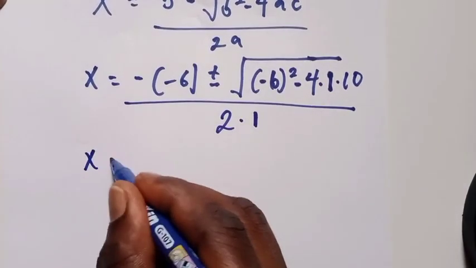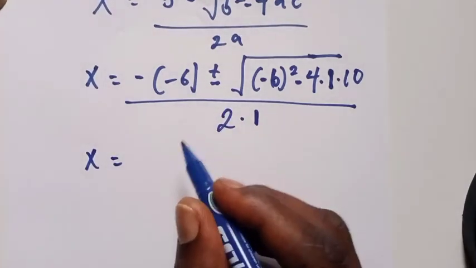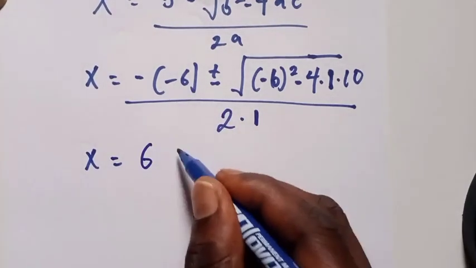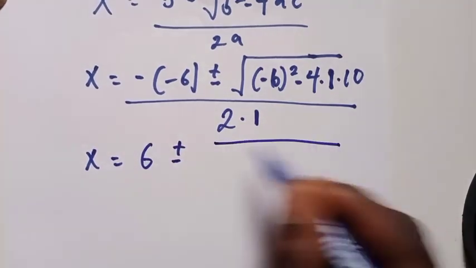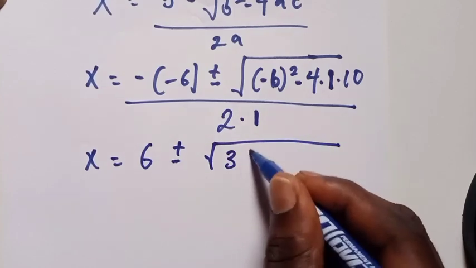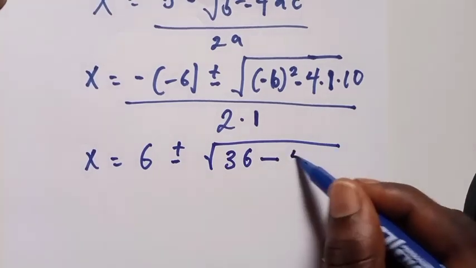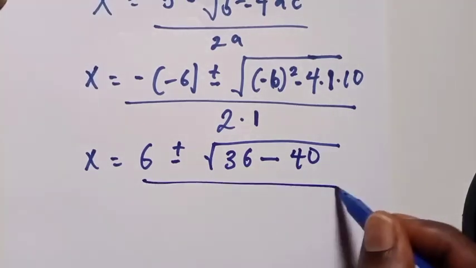So our x will be equal to minus times minus gives us positive 6, plus or minus root of 6 squared, which is 36, minus 4 times 1 times 10, which is 40, over 2.